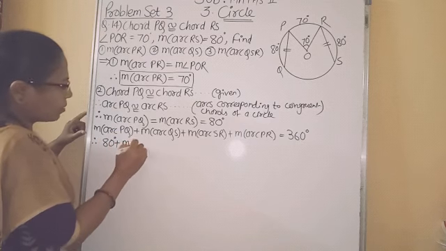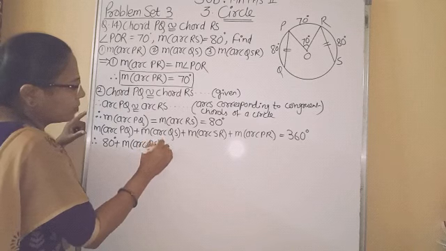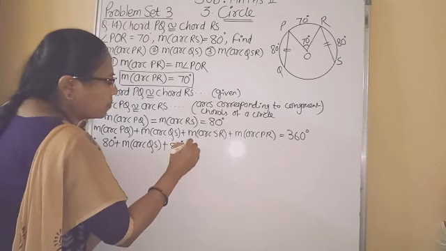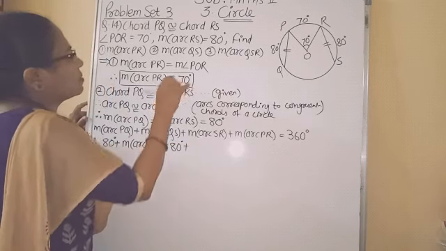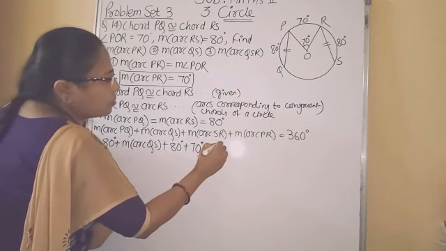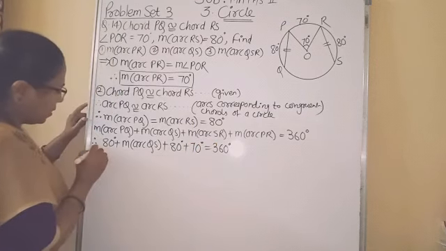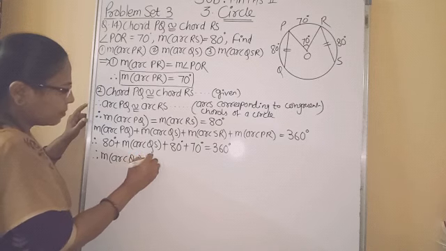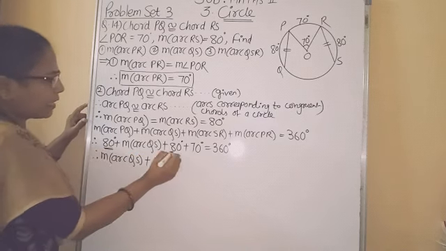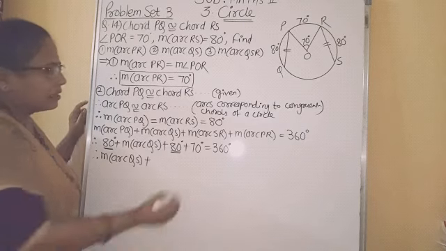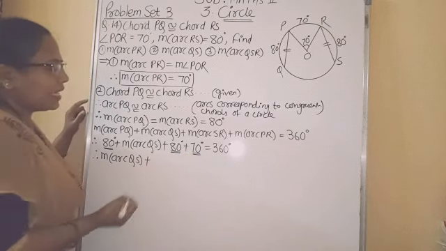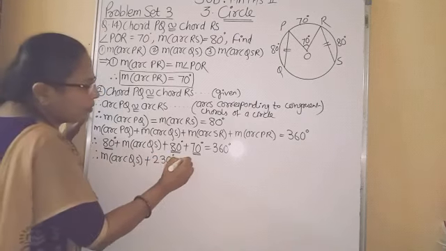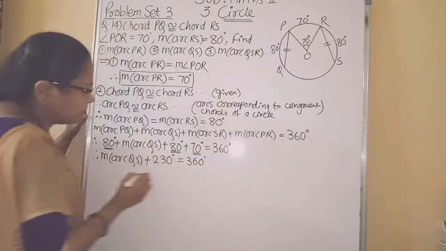Plus measure of arc QS we don't know. SR is given as 80 degrees. And PR we got in the first answer as 70 degrees, equal to 360 degrees. Therefore, measure of arc QS plus we add 80 plus 80, 160, and 160 plus 70, 230, is equal to 360 degrees.